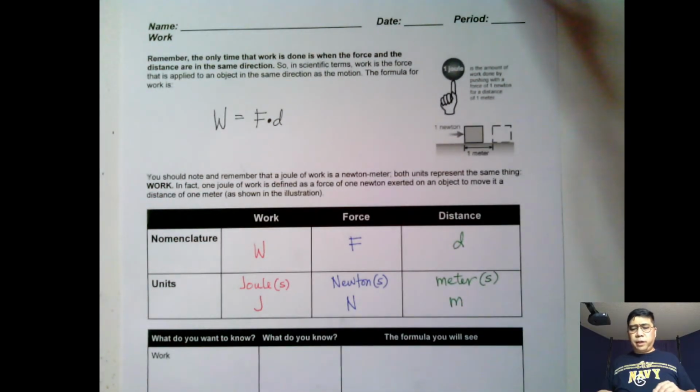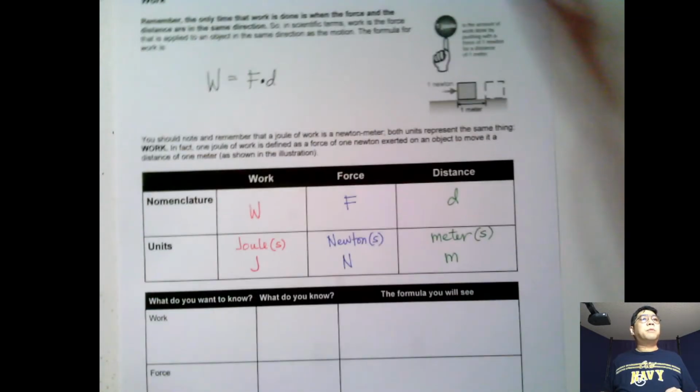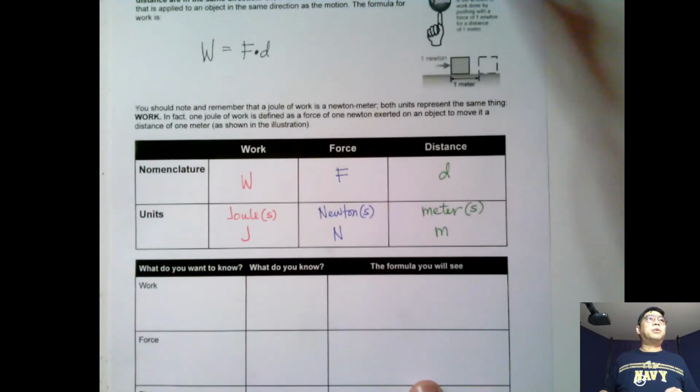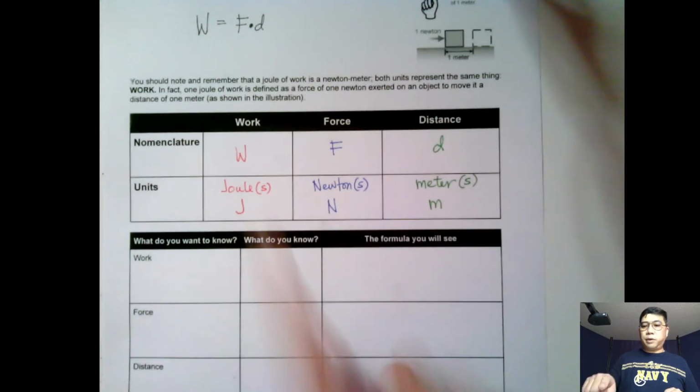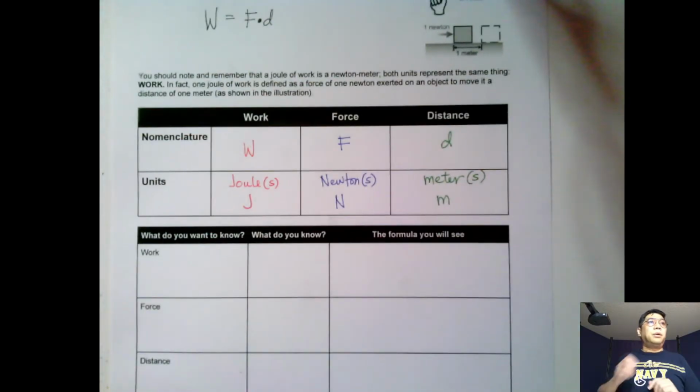So when you're solving word problems using the same equation, we can actually solve for any given, or what you want to know, depending on what information is available to you.